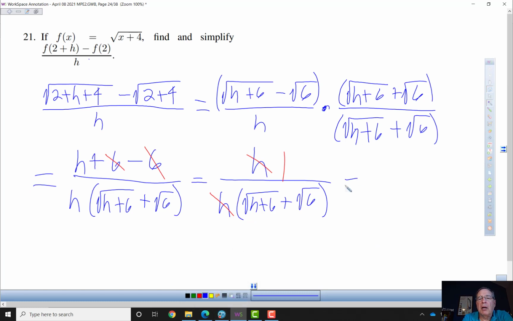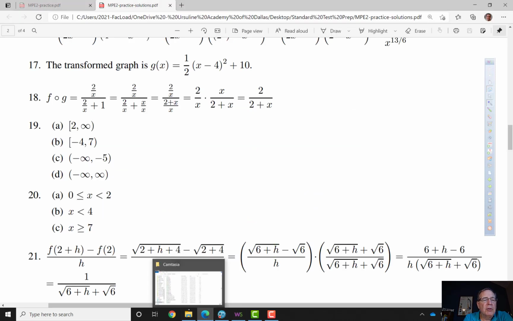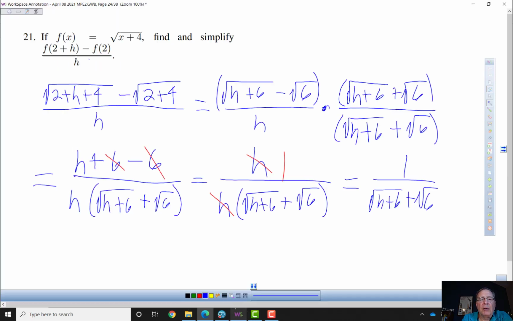Okay, so now we get 1 over the square root of h plus 6 plus the square root of 6. And we'll go check that answer. So 1 over, they still have 6 plus h, but almost everybody would rewrite it as h plus 6. So there are the steps, pretty much the same steps. We did a little bit of order difference. So that ends the answer here.